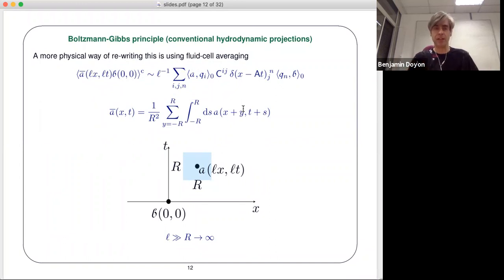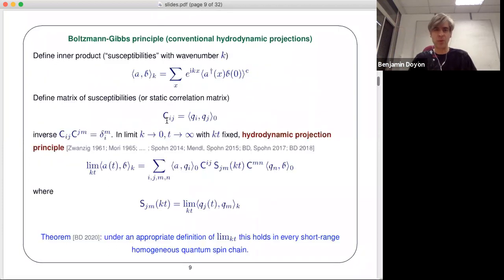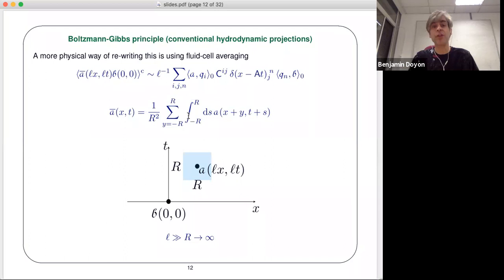So very explicitly, what we're doing is the 2-point function of A and B. x is on the chain, and t is time evolution. What is the limit precisely that you're looking at? What's the asymptotic precisely? Because in the formula that I wrote, there was a Fourier transform, so a bit of averaging over space happens. And in fact, the precise formula should have an average over time. So you can rewrite this by averaging over a so-called fluid cell. You take your operator and average over a space-time fluid cell around xt, around Lx, Lt, a fluid cell of length r.